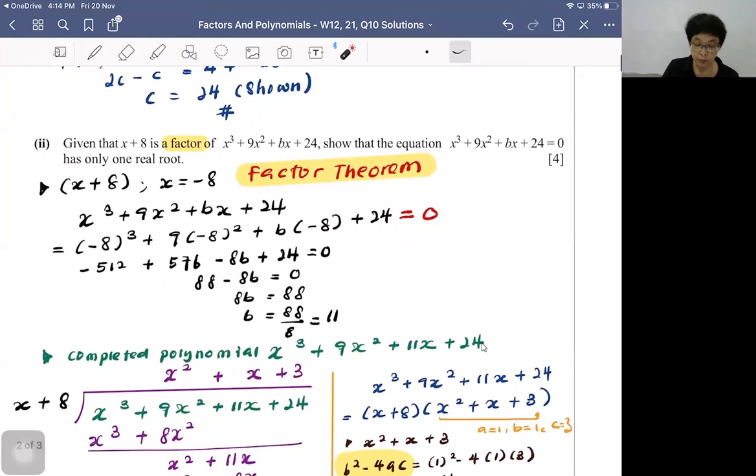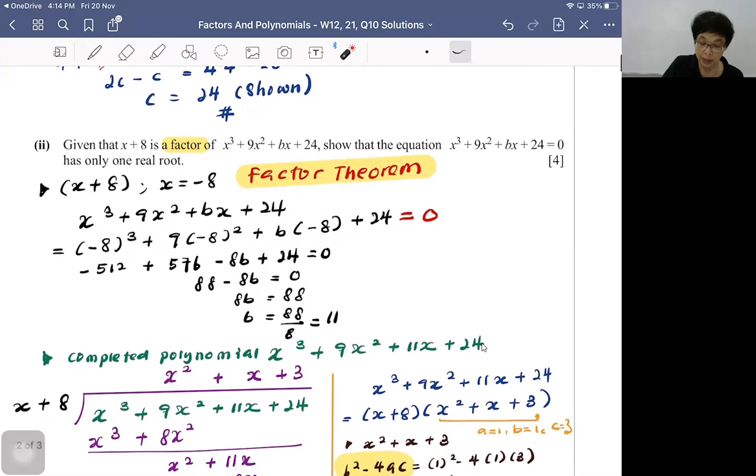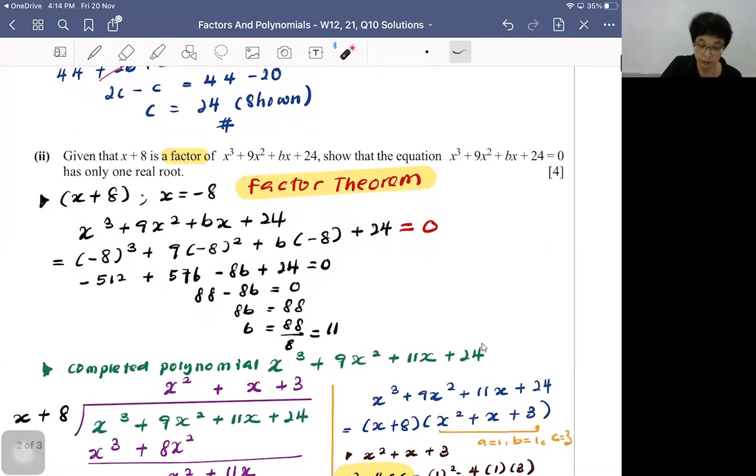Now, after substituting the root into all the x positions, you have x cubed, substituting minus 8 cubed, plus 9 times minus 8 squared, plus b multiplied by minus 8, plus 24. According to the factor theorem, this is supposed to equal 0.